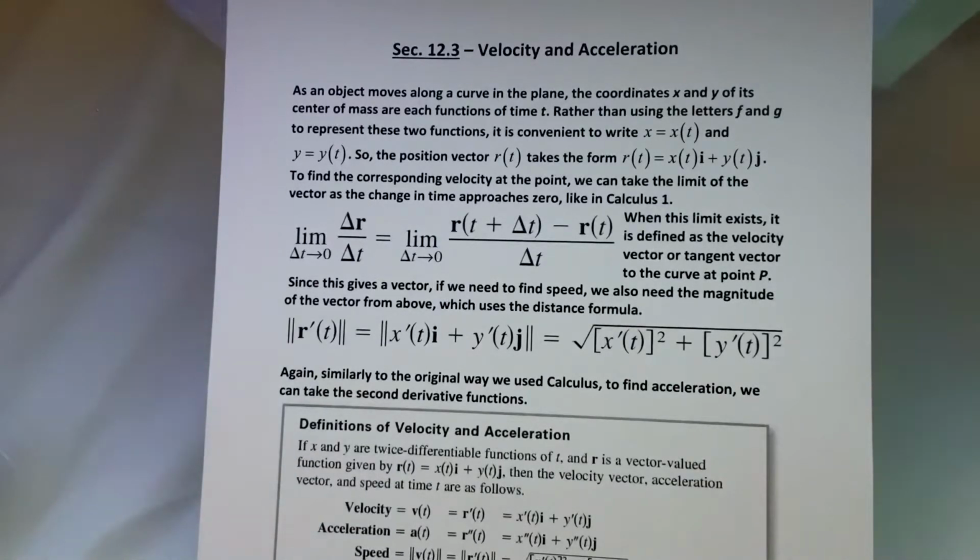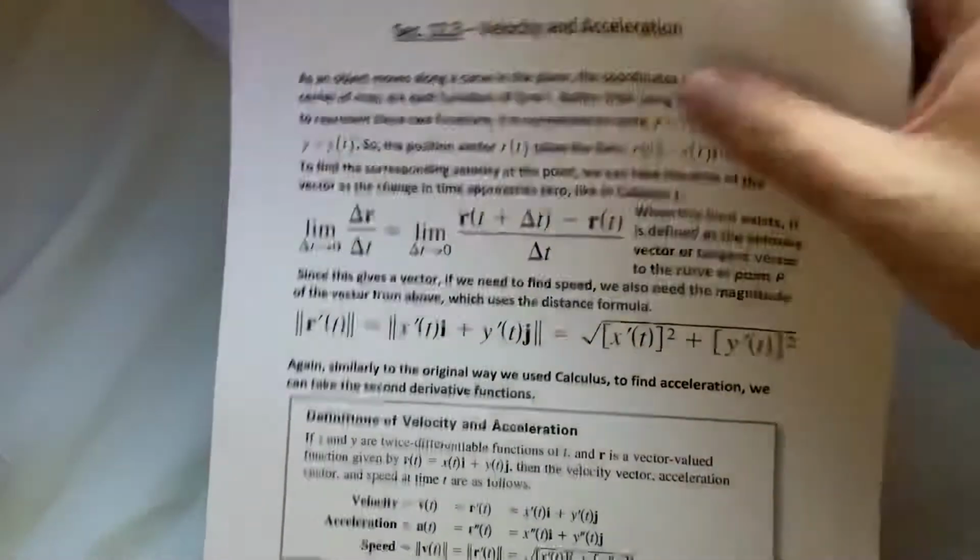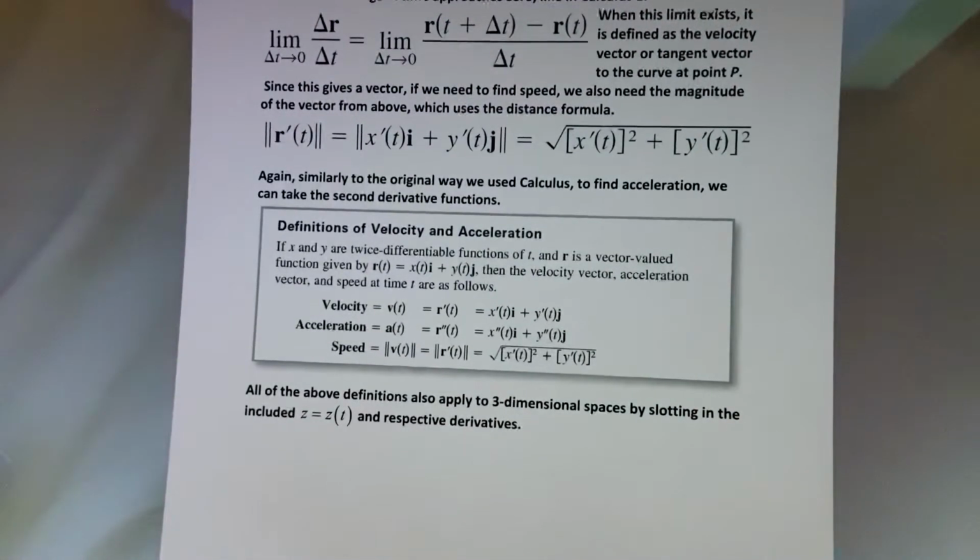Speed is just the magnitude of our velocity, which would be the square root of the sum of all the velocity values squared at that point. And anything that applies to 2 dimensions is also going to apply to 3 dimensions.